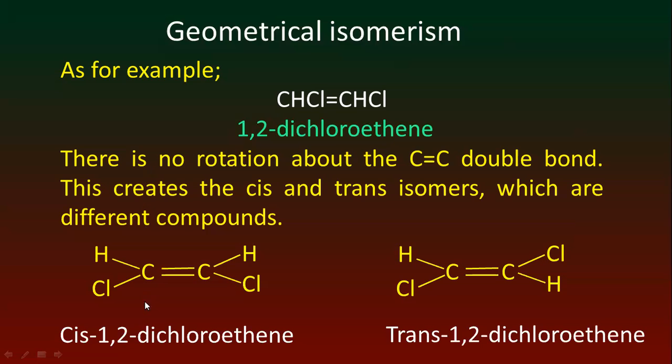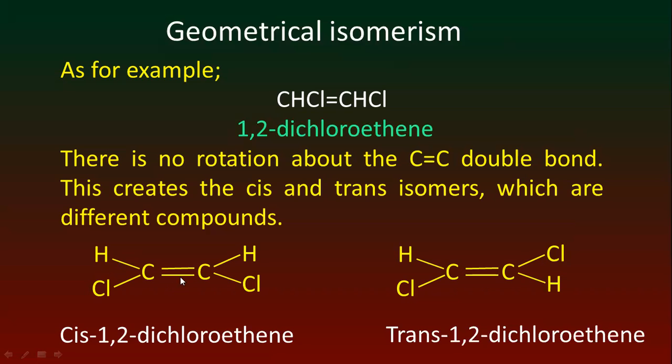Cis and trans come from this statement: when two similar groups are placed near each other, very close, not at a far distance, then it's called cis isomer. And when the similar groups are placed opposite each other, at a far distance, then it is called trans isomer.